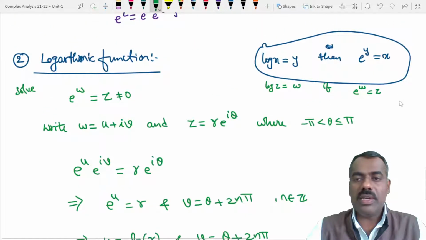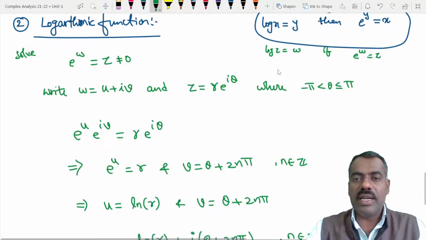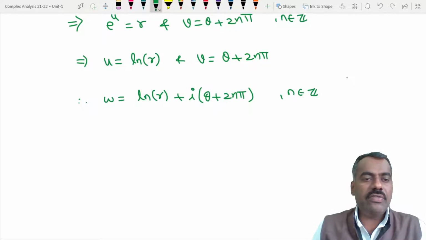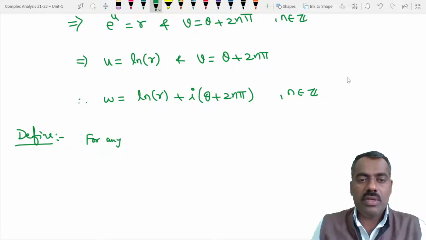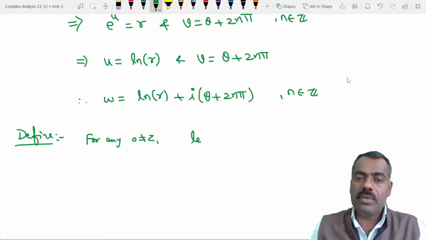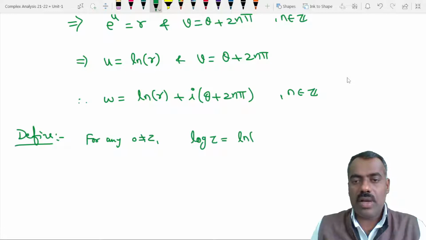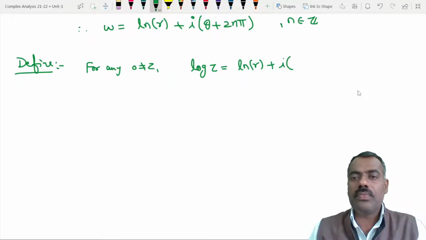Therefore our w is log z, right? So we can define this as: for any non-zero complex number z, we can define log z as natural logarithm of r plus i times theta plus 2n pi, where n is any integer.